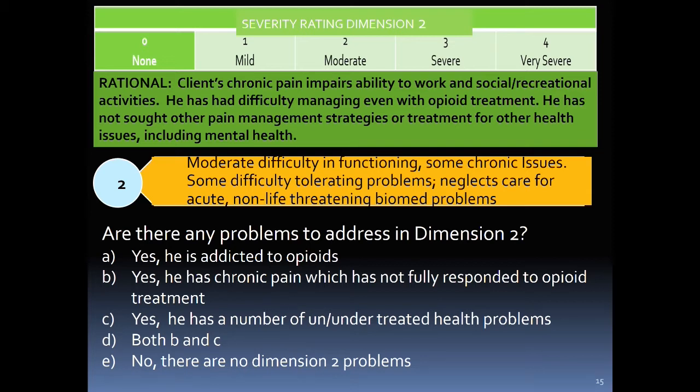So as you see, the correct risk rating for this dimension is a 2, moderate. Difficulty in functioning, some chronic issues, some difficulty tolerating problems, neglects care for acute, non-life-threatening biomed problems. And the correct answer for number 2 is D, both B and C. He has chronic pain and has not fully responded to opioid treatment, and he does have some undertreated health problems.